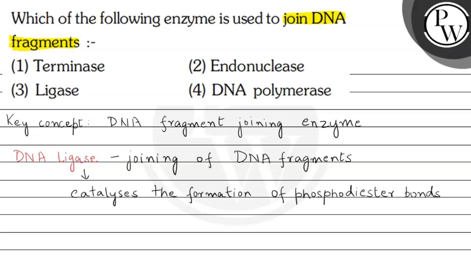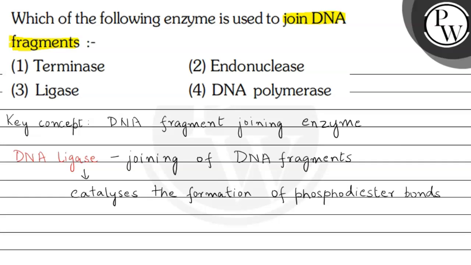So the formation of the phosphodiester bonds between the end nucleotides of two DNA fragments results in the joining of the two DNA fragments. Therefore, DNA ligase is the enzyme which catalyzes this process of formation of phosphodiester bonds between the two DNA fragments, which results in joining of these fragments.